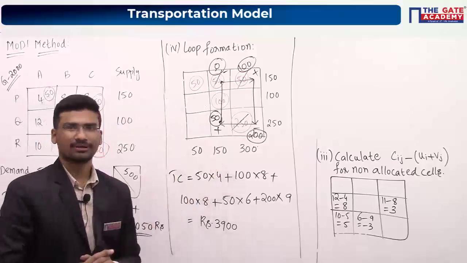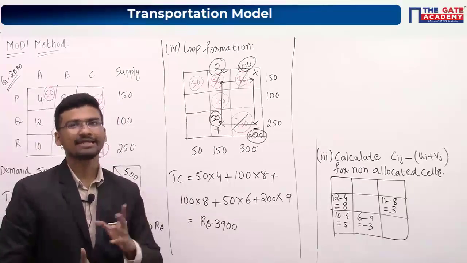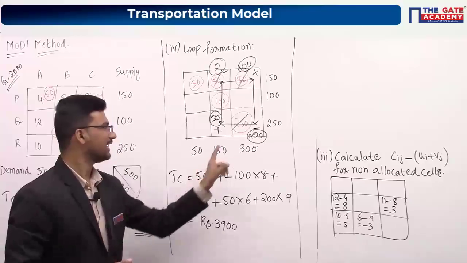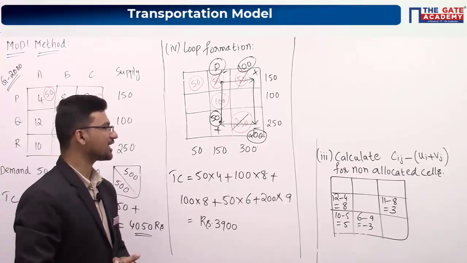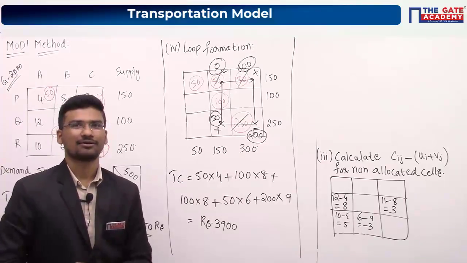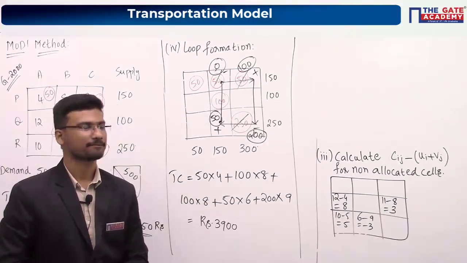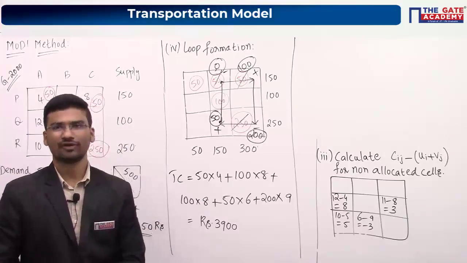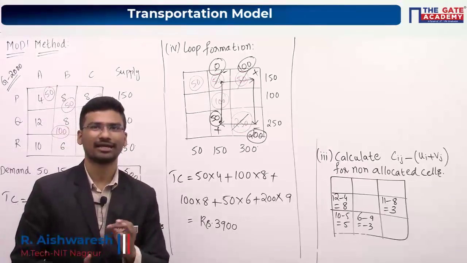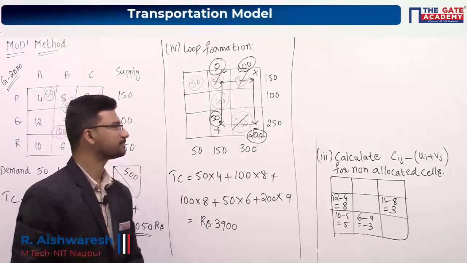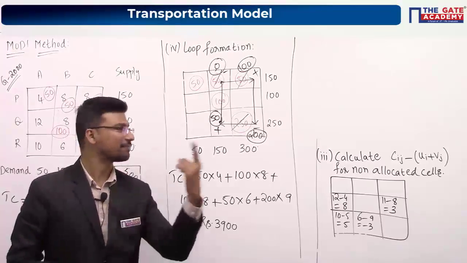After formulating a loop, take positive sign in the cell where the most negative element was present in step number 3.